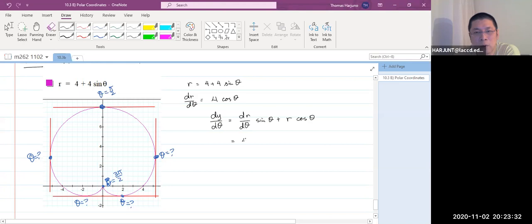This is 4 cosine theta sine theta plus (4 plus 4 sine theta) cosine theta.